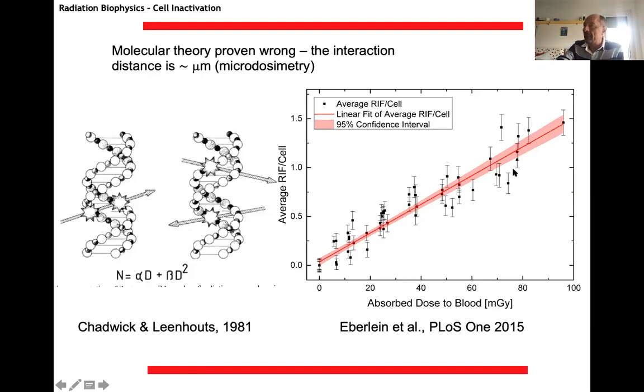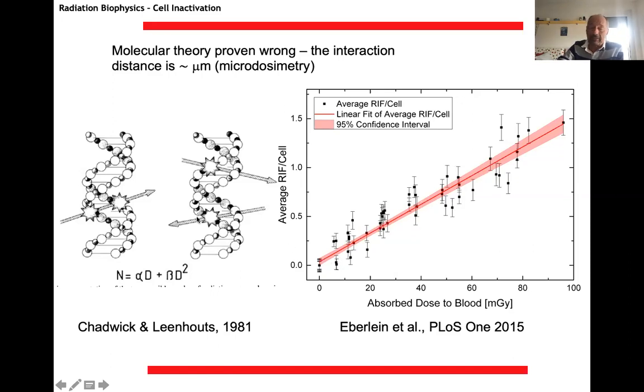This is blood from many individuals, irradiated at very low doses. So you see, when you go to high doses it tends to be linear, but when you go down to very low doses, it's clearly linear. There is no reason to believe that these are many different donors. There's no reason to believe that it's not linear.